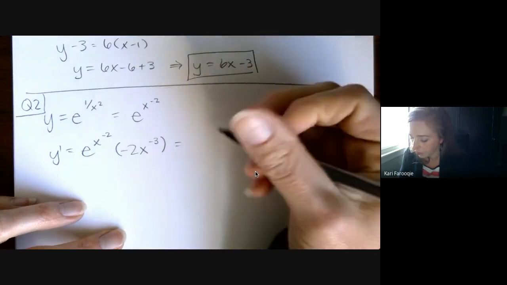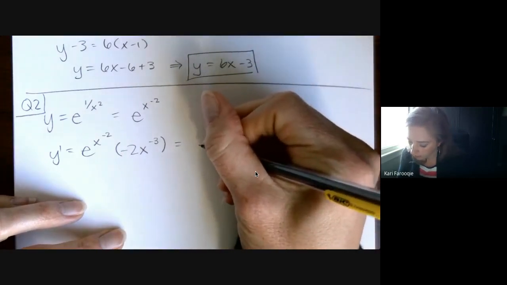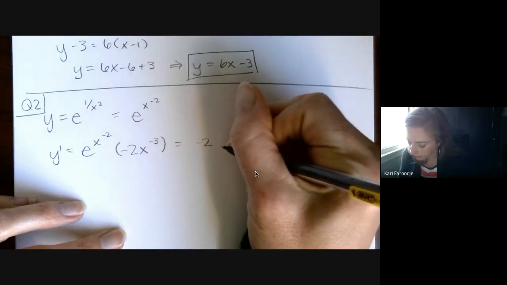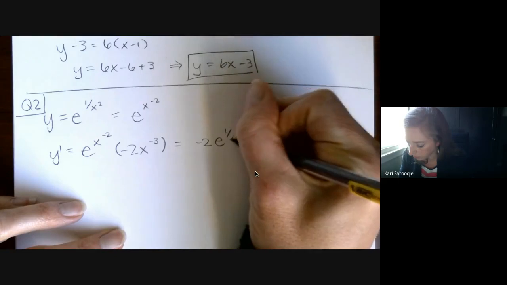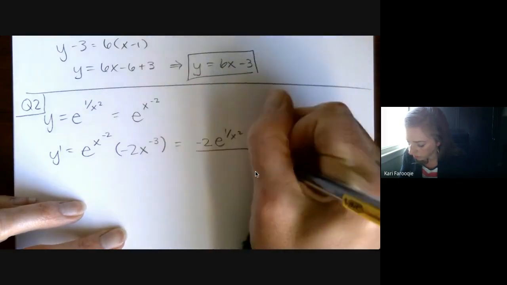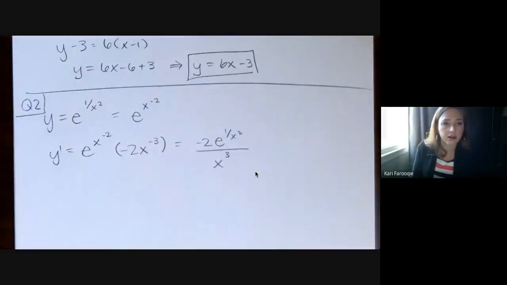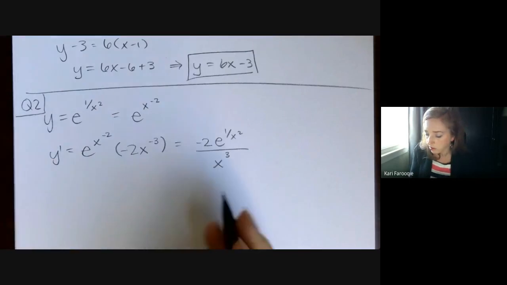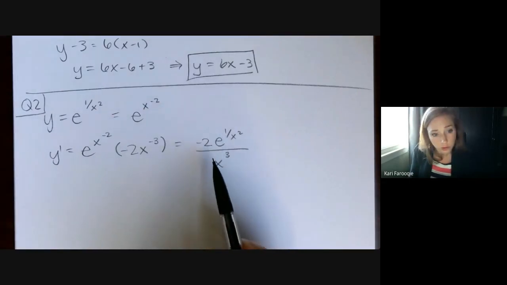And then you can rewrite this however you see fit. You can rewrite your e to the x to the negative second the way it originally displayed, and then write x cubed in the denominator. Negative 2 over x cubed.